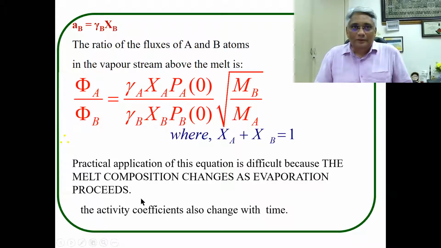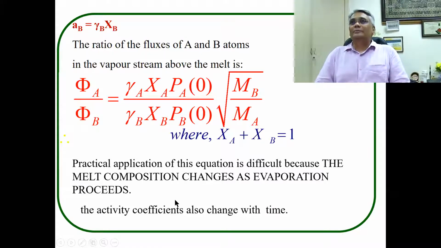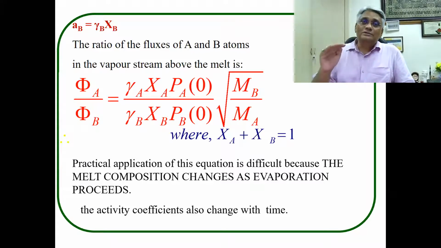So the activity coefficients also change with time. When the melt composition changes as evaporation proceeds, you also expect the activity coefficients to change with time, because the whole process is time dependent.